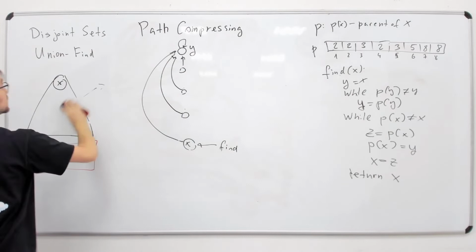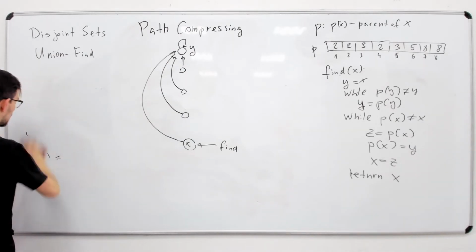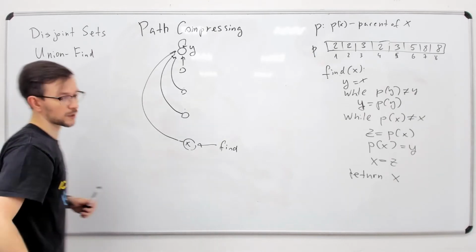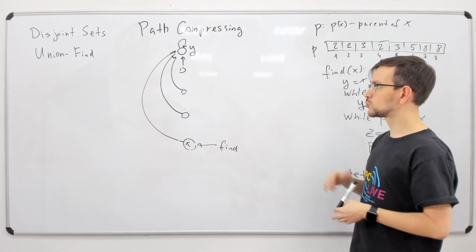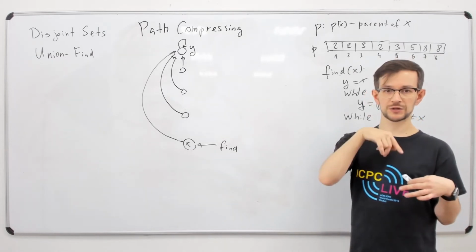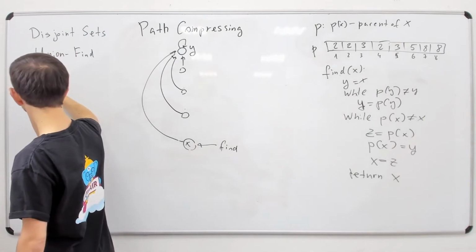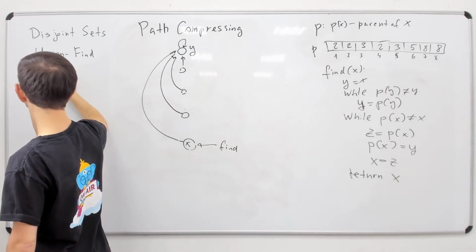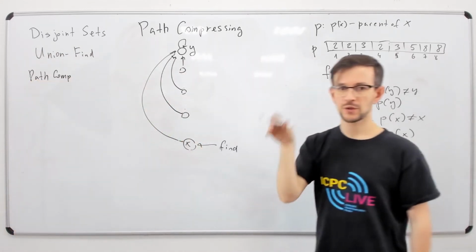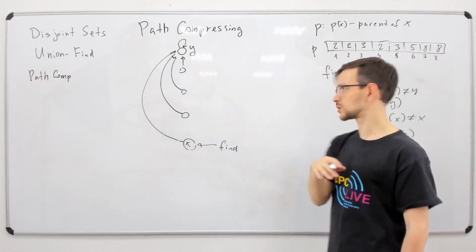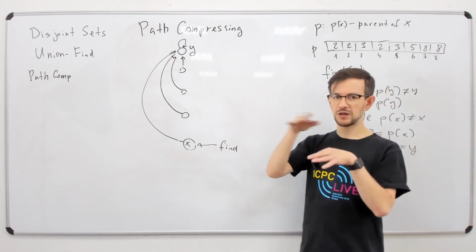Now the results. So what will happen if you use this technique? If you use path compression without the rank heuristics and without any other heuristics, you just connect any trees in any order.